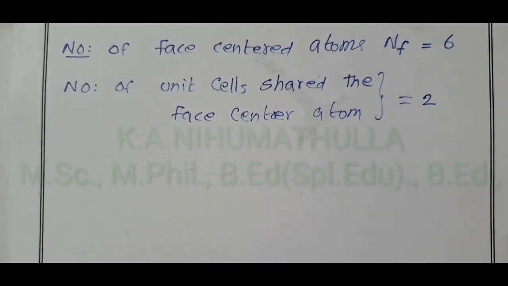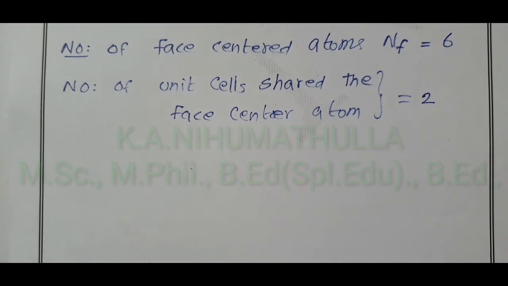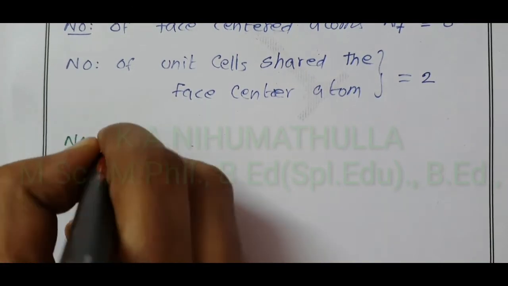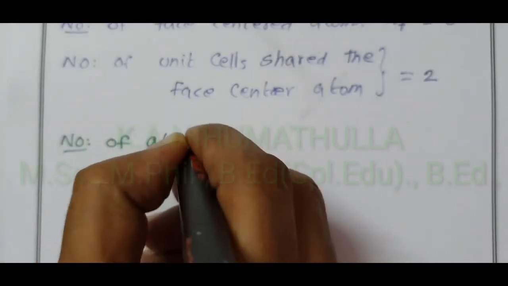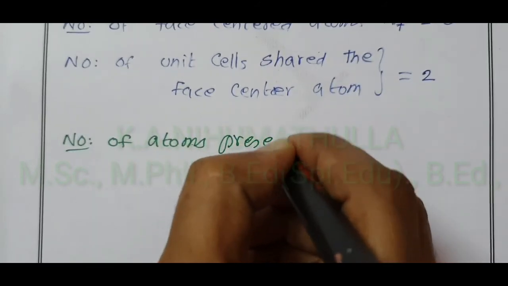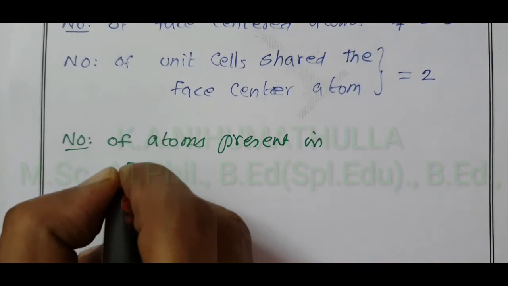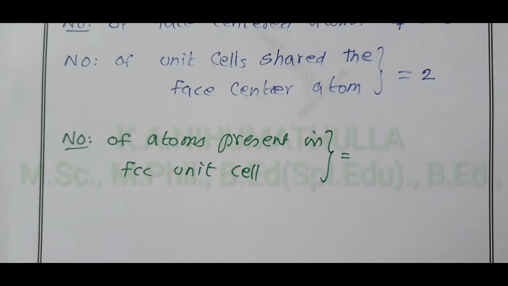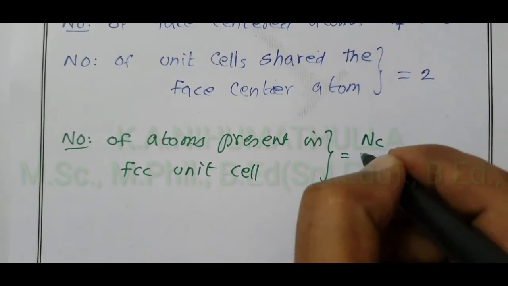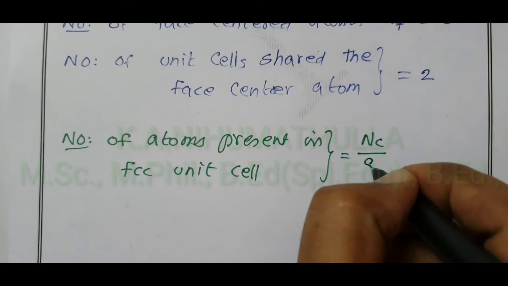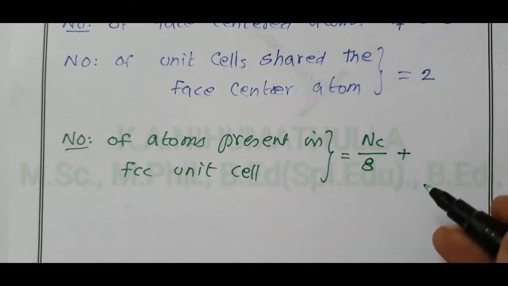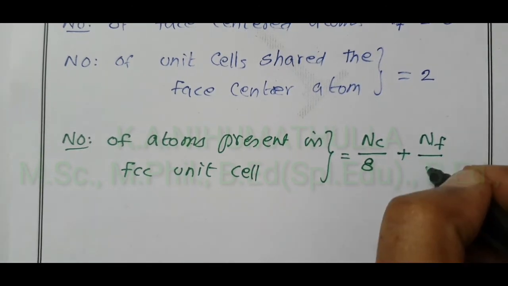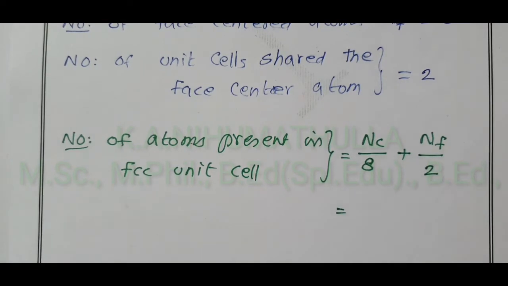Now, we are going to calculate the number of atoms present in an FCC unit cell. What is the formula? Number of corner atoms divided by number of unit cells sharing the corner atom, NC by 8, plus number of face centered atoms divided by number of unit cells sharing the face centered atom.